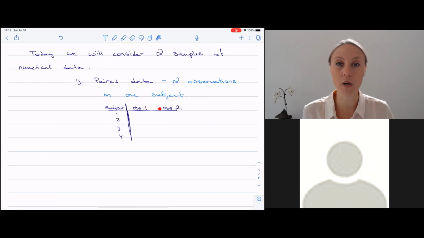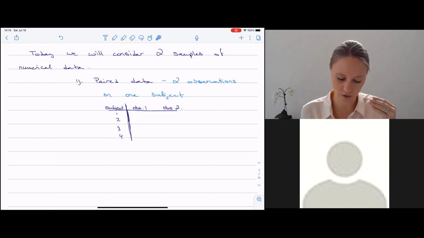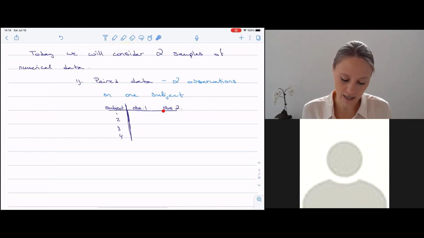Maybe it's a pre-post. So a pre-score and a post-score is really common for paired data. So then we want to look at the change over time, right? So observation 1 is maybe when you were admitted into the study, and then observation number 2 is after you've completed some sort of training or whatever at the end of the study. That would be paired data.